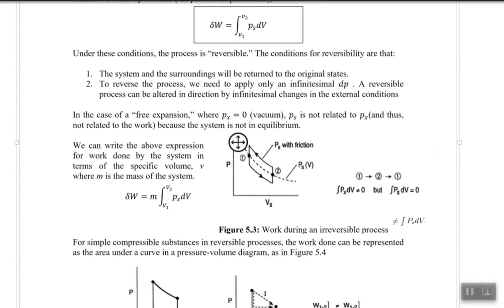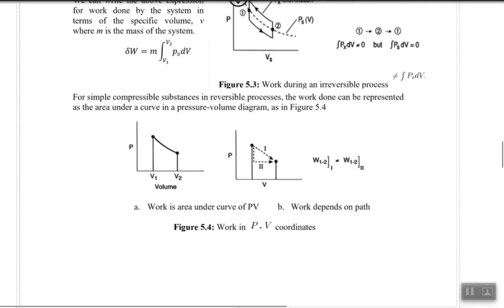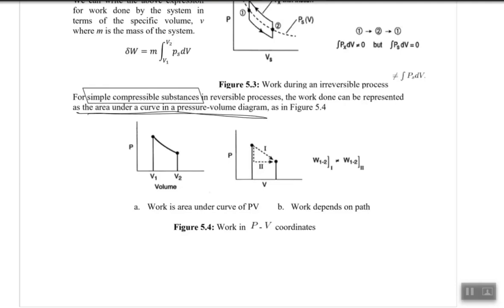So we have got this equation, and that in terms of mass. Over here, for a simple compressible substance in a reversible process, the work done can be represented by the area under the curve on a PV diagram.